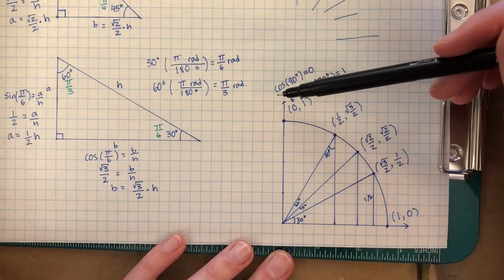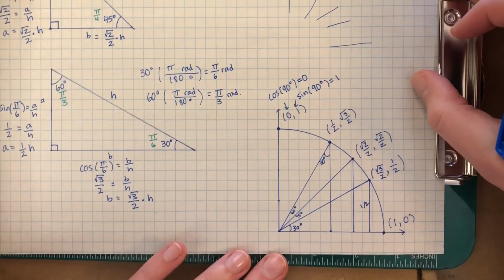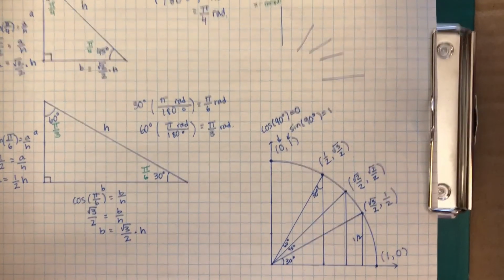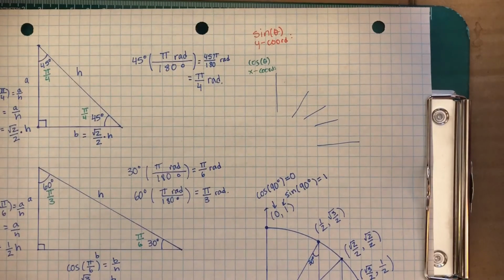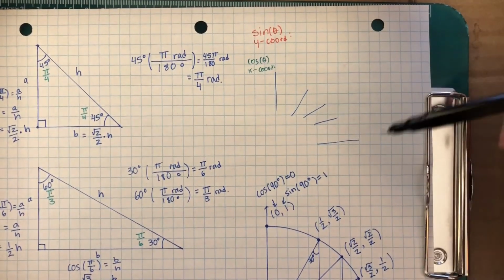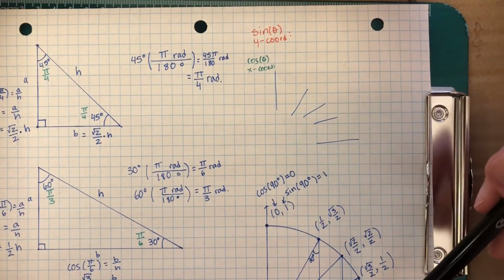Okay, this is a lot of tricky numbers to remember, so I'm going to teach you a way to try to keep track. I'm going to start with the sines, the y-coordinates, and I just have these little lines here representing each of the points we just talked about.